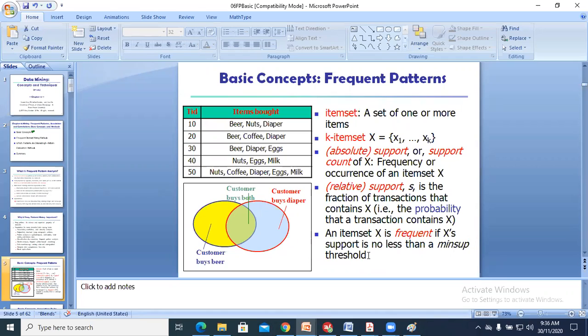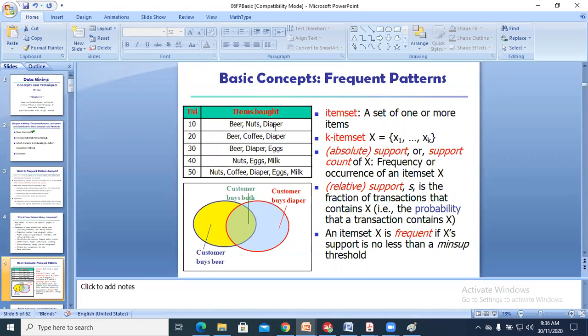So we have to set the minimum support threshold to find a frequent pattern. For example, if we didn't set the criteria for minimum support, we could not extract which product is frequent.